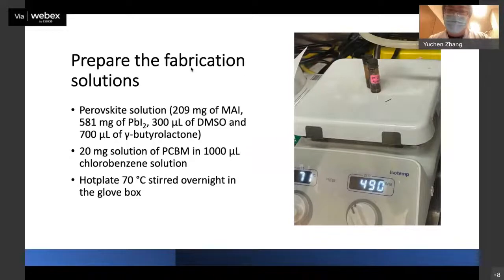For preparing the solutions, in our lab we usually do the perovskite solution. We put all these materials in the brackets. You can see there are 4 materials: MAI, PbI2, DMSO, and GBL. We put them in certain ratios so that we know what their concentration is.